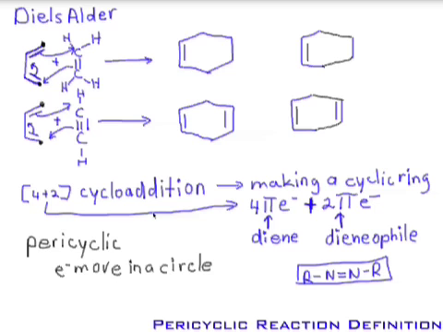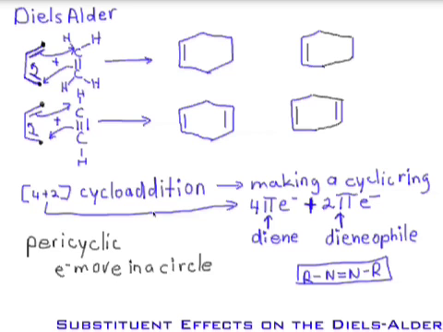Now, it turns out that this reaction can be aided by putting substituents both on the diene and the dienophile.